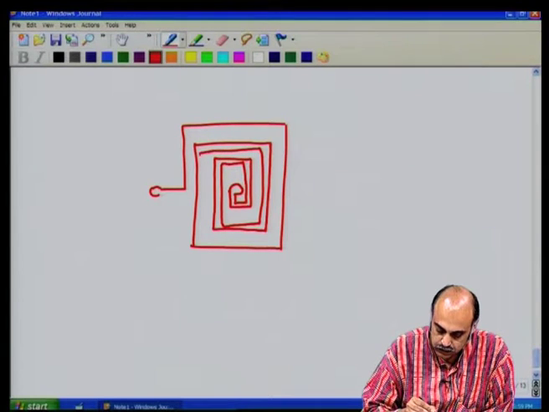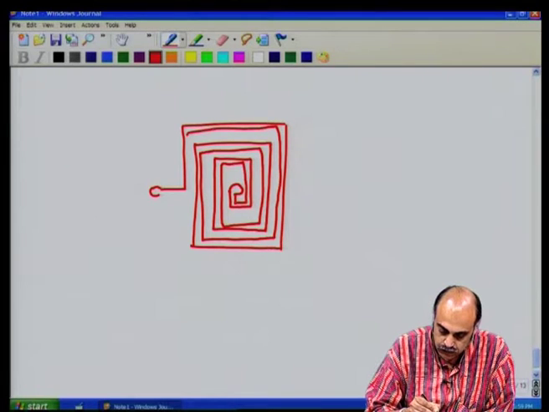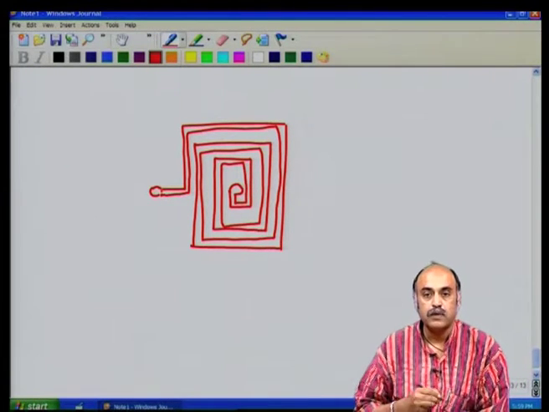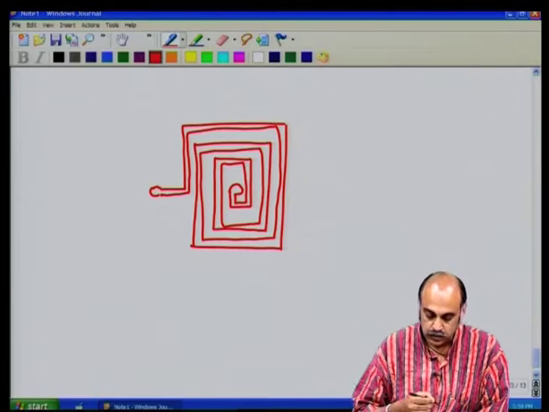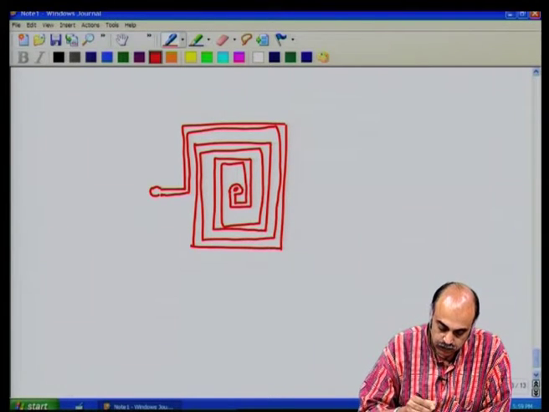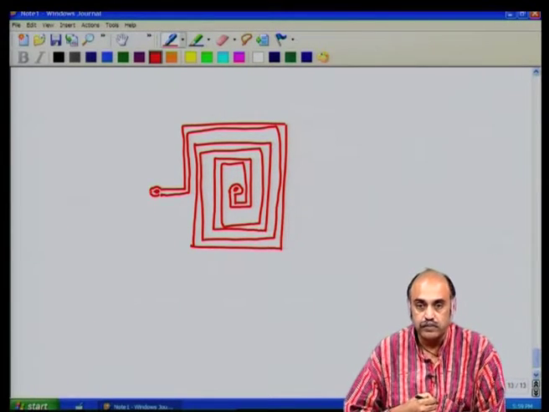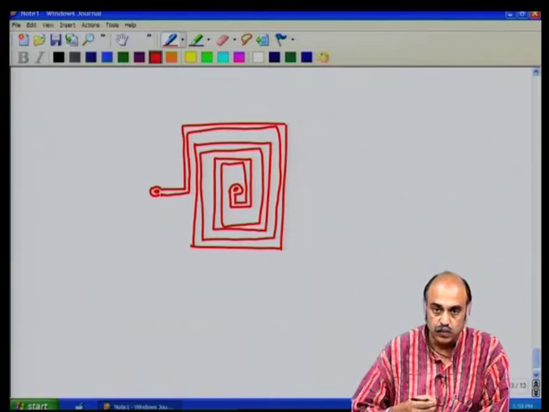So, this kind of spiral is also a possibility to get a printed inductor with many windings.